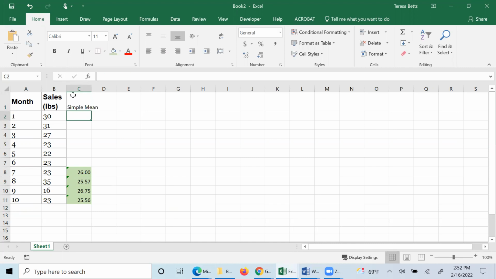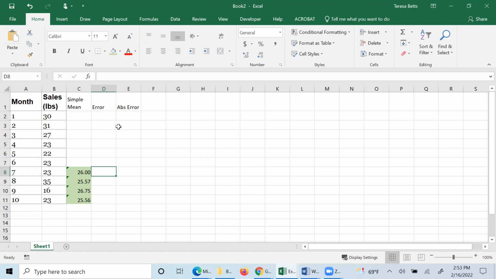We need to evaluate between these 2 forecasting methods which one actually works the best. So I need to understand what my forecast error is, and then I need to calculate my absolute error. From that, we'll get a measure of how well this method forecasts in comparison to the next method that we're going to do.